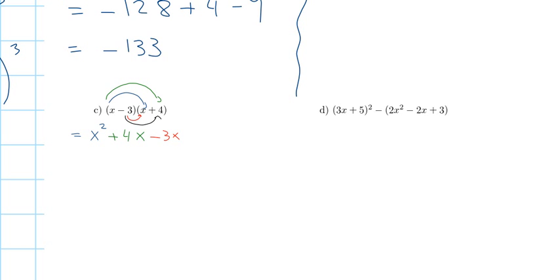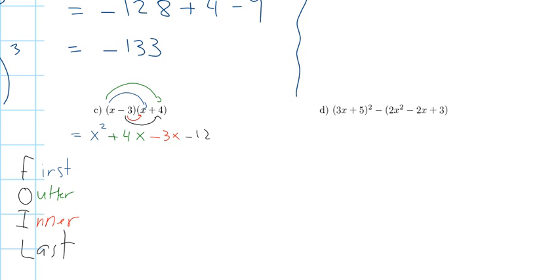So remember that FOIL stands for first, outer, inner, and last. This is where the acronym FOIL comes from.